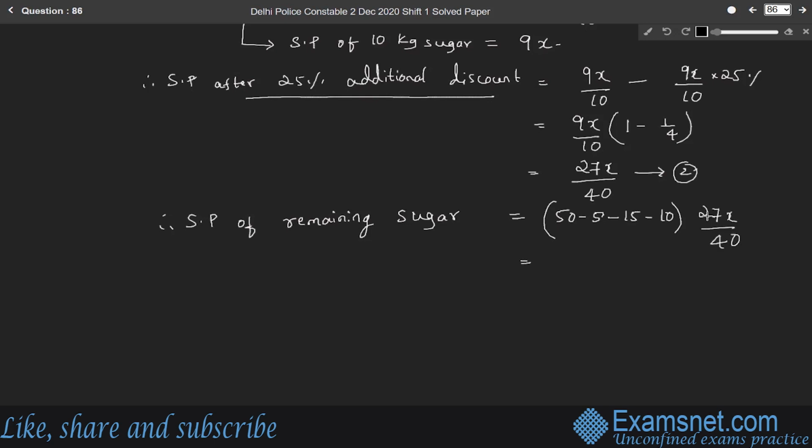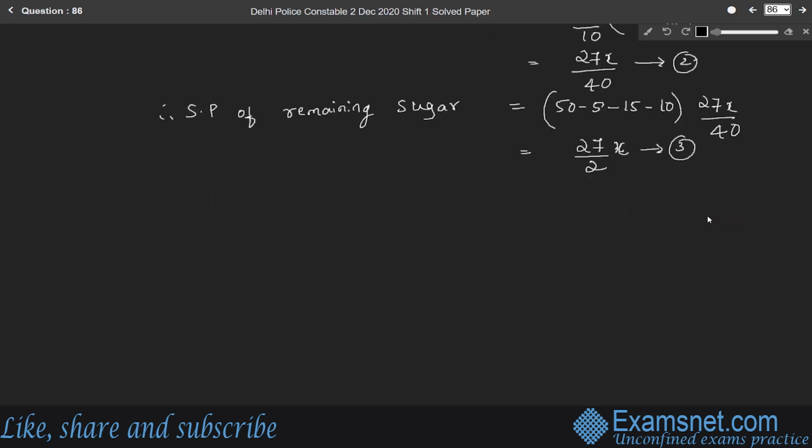So selling price of the remaining sugar is 27 by 2x, right? So here 50 minus 5 minus 15 minus 10 is 20. So 20 by 40 becomes 1 by 2.